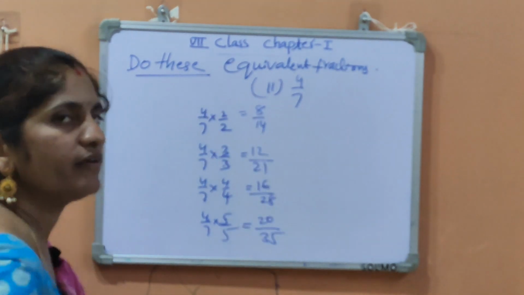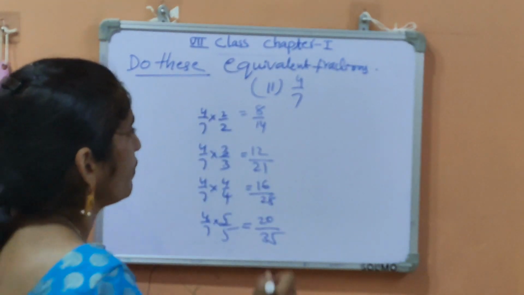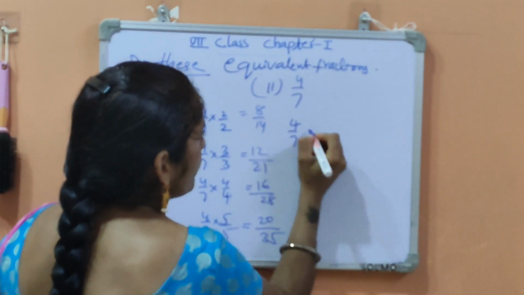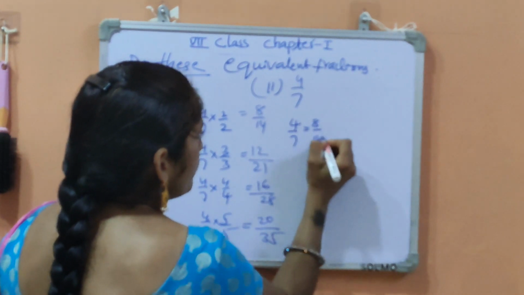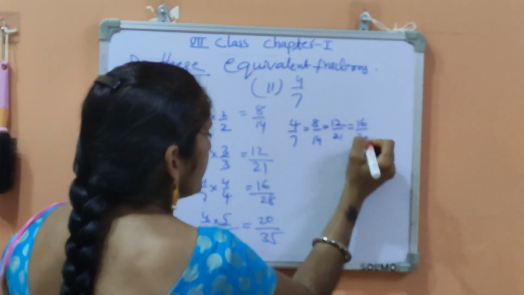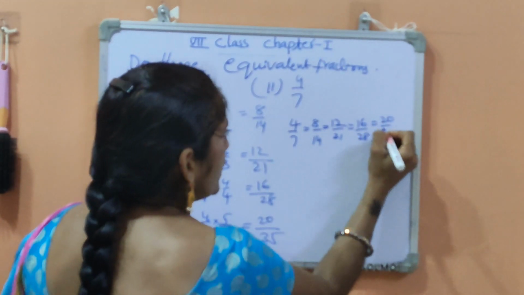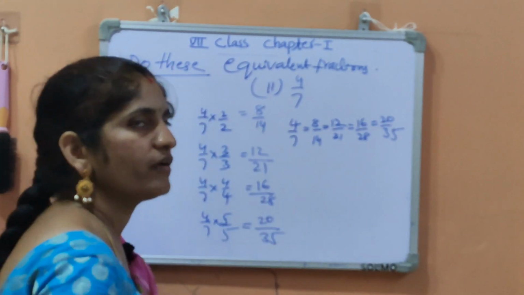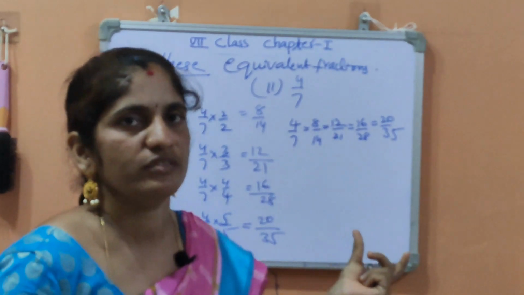So these all are equivalent fractions for 4 by 7. We can write it as 4 by 7 equal to 8 by 14 equal to 12 by 21 equal to 16 by 28 equal to 20 by 35. So these all are called equivalent fractions.